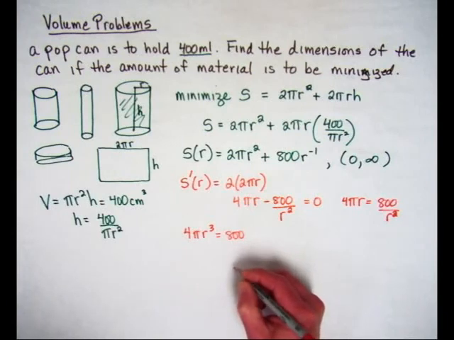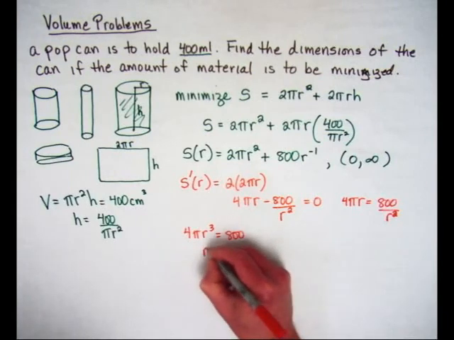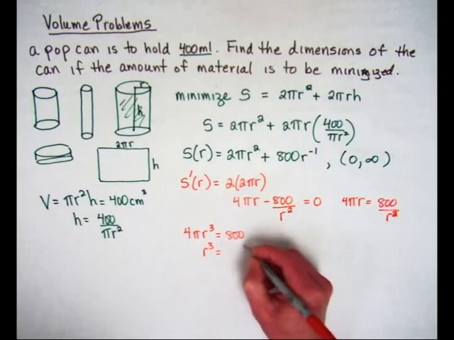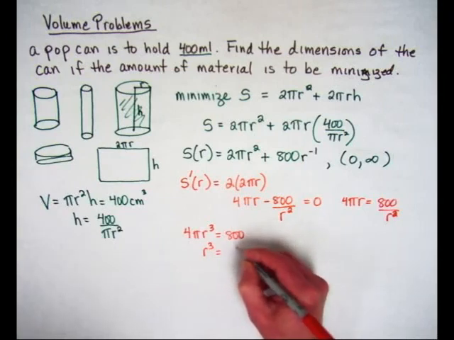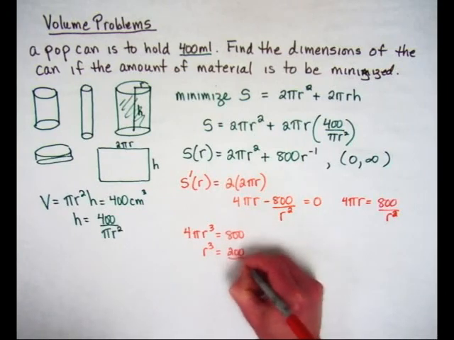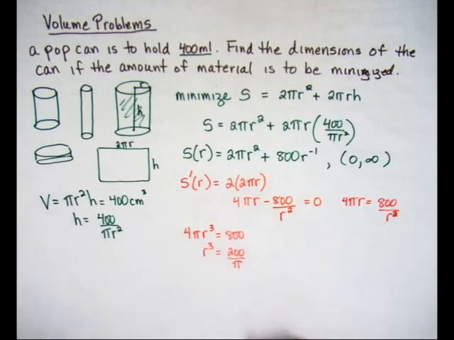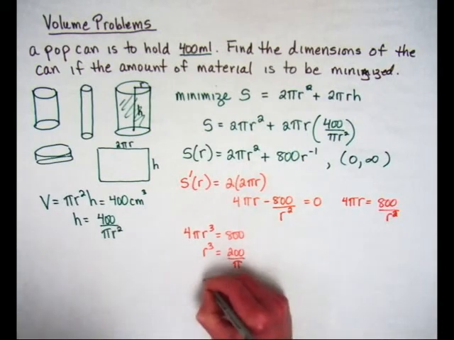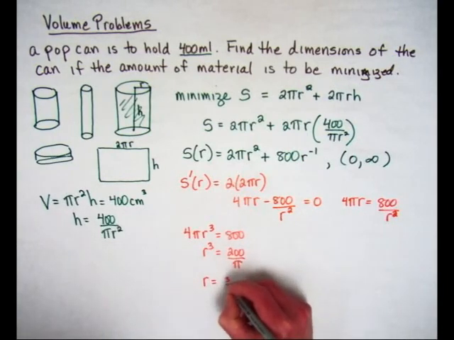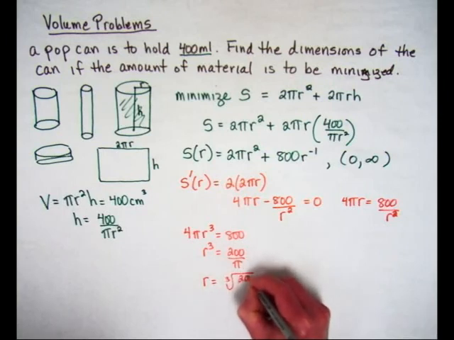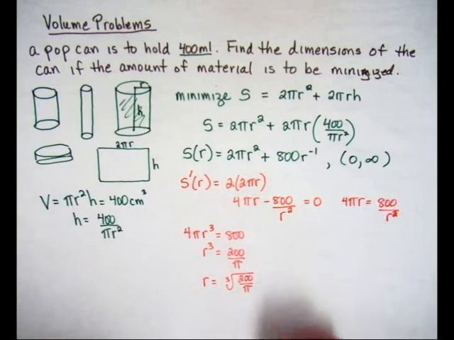Divide both sides by 4 pi, and we get r cubed equals, if I divide 800 by 4 pi, 200 over pi. And then take the cube root, and we get the cube root of 200 over pi.